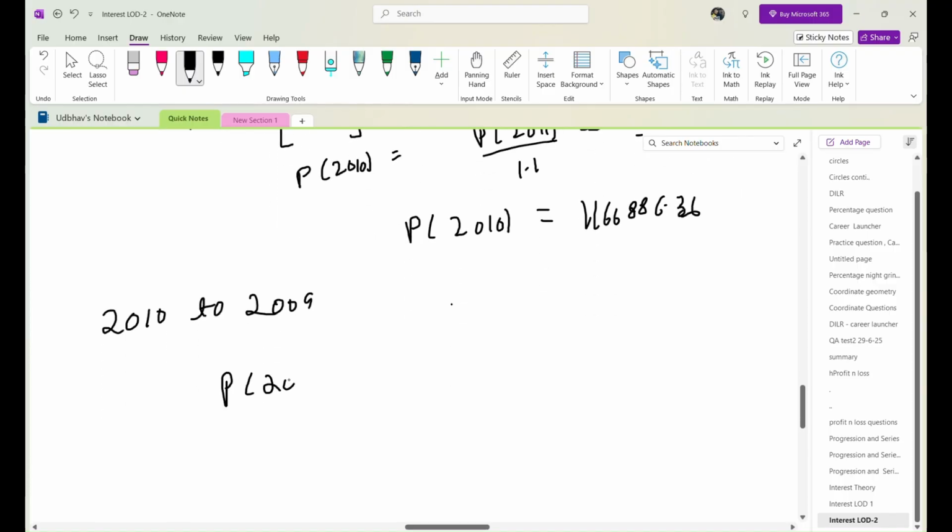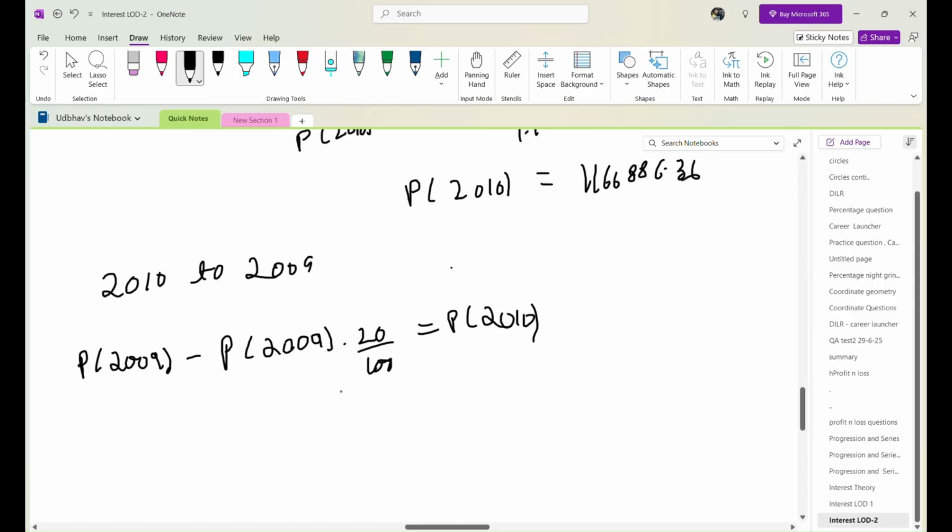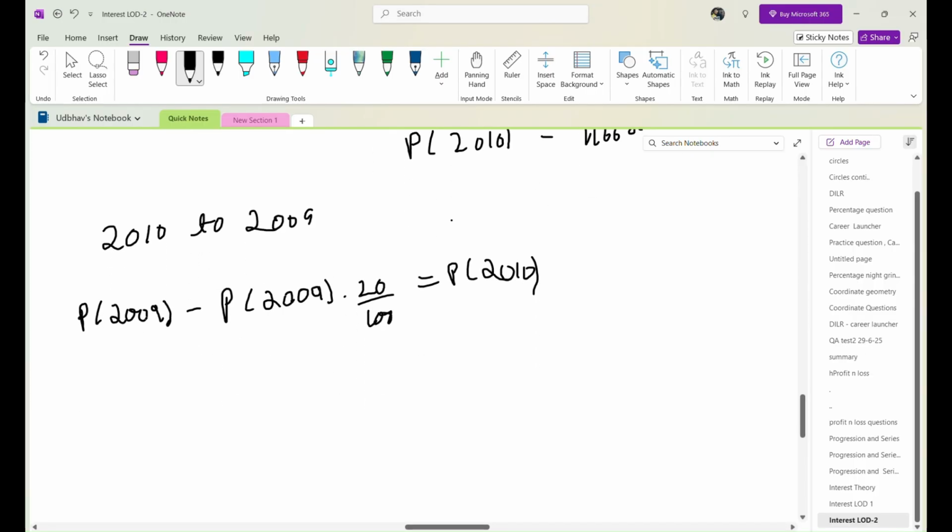Now from 2010 to 2009, population in 2009 got reduced by 20%. So population in 2009 minus 20% of population in 2009 will be equal to population of 2010, right? So we can again take population of 2009 common. This will be 1 minus 0.2, that will be 0.8. So P of 2009 into 0.8 equals P of 2010.